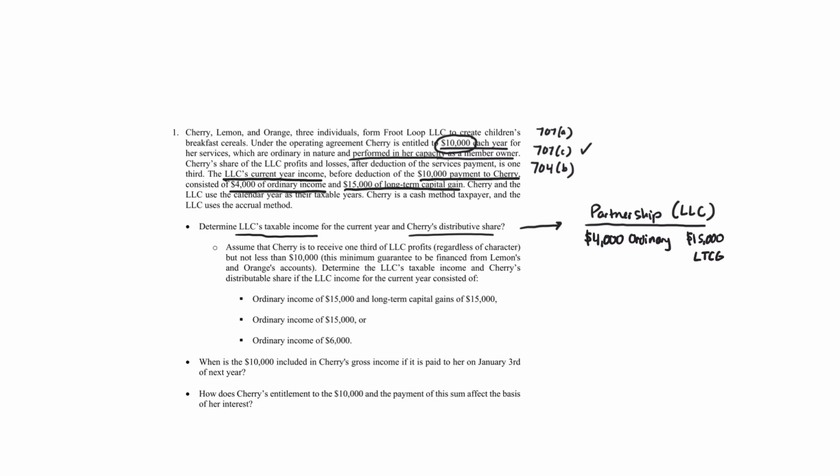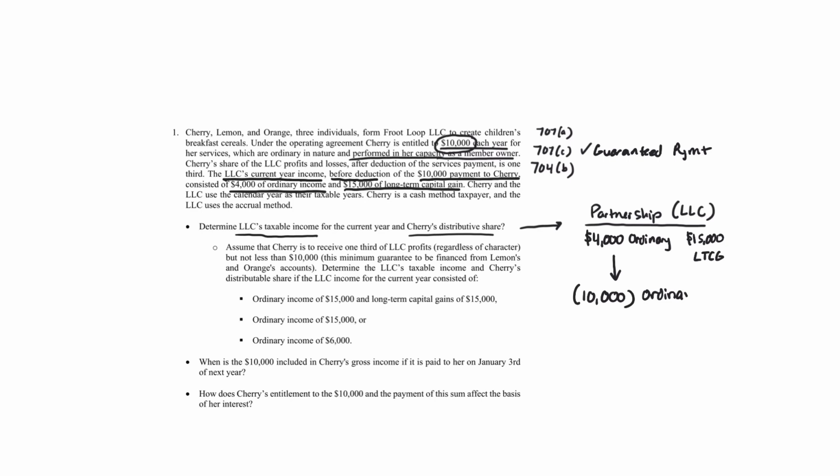Now, that's before considering this $10,000 payment to Cherry, because this is before deduction. So really, we have to subtract away $10,000 as an ordinary deduction because a guaranteed payment, right, that's what we have here, the 707C guaranteed payment of $10,000.